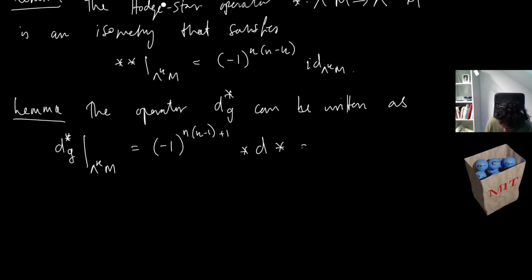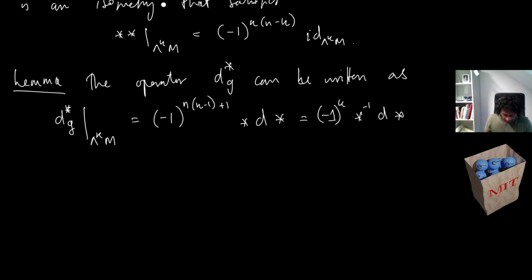And we can also write this now as minus 1 to the k of the inverse of the Hodge star composed with d.